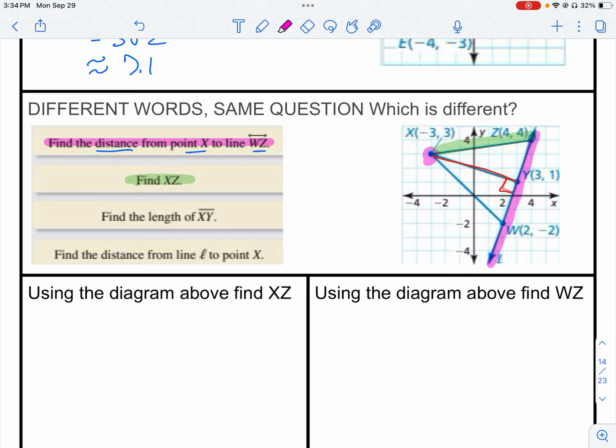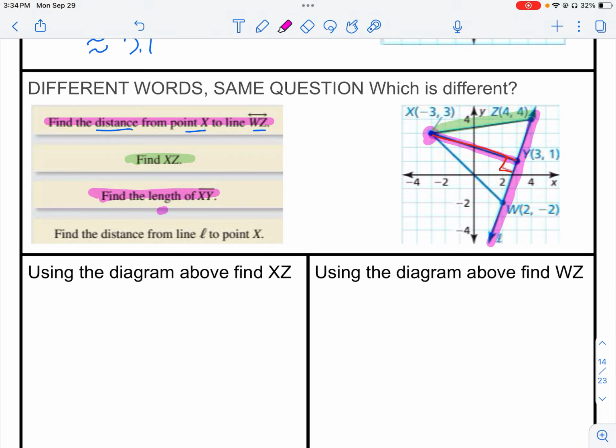Okay. Find the length of XY. Well, XY is right here. So now we got 2 pink ones and 1 green one. Find the distance from line L, and here we named it line L, to point X. So which one is different? That'd be this guy right here. It's the only one not finding us the distance of XY.